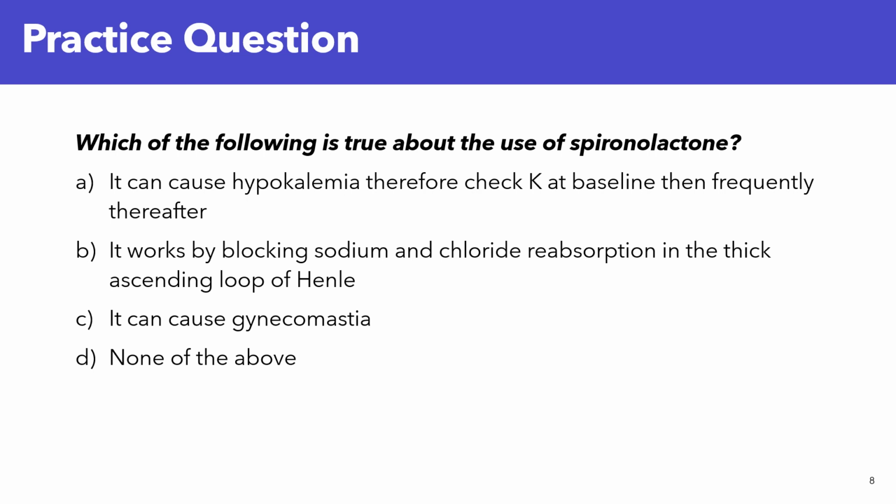So that means it is not A. Let's look at B. It works by blocking sodium and chloride reabsorption in the thick ascending loop of Henle. Spironolactone is a potassium-sparing diuretic, is that how they work? The answer is no. So this is again a false statement. The loop diuretics work by blocking sodium and chloride reabsorption in the loop of Henle.